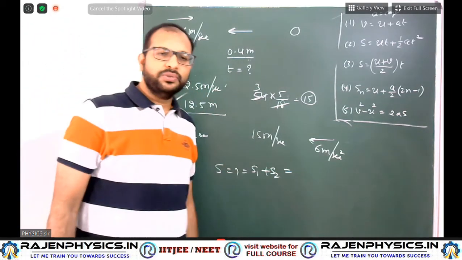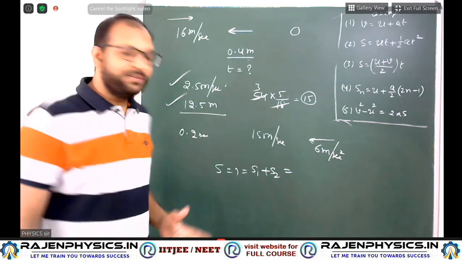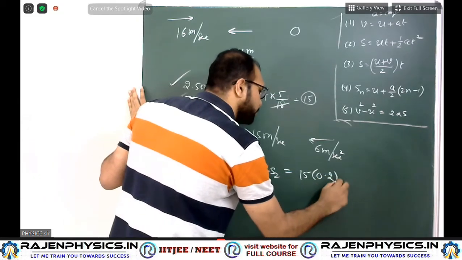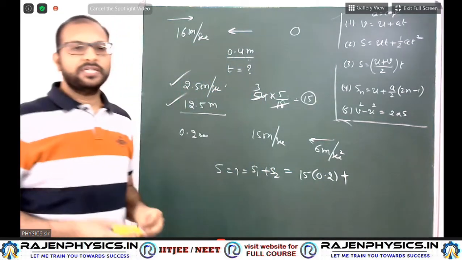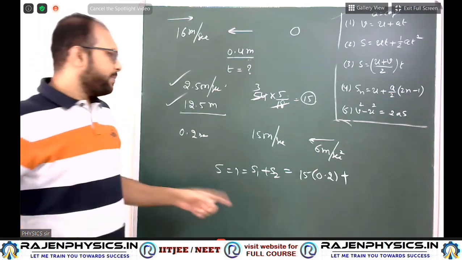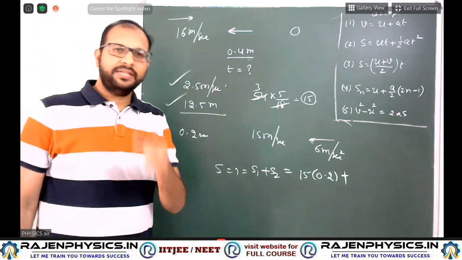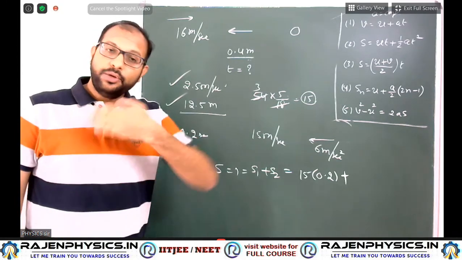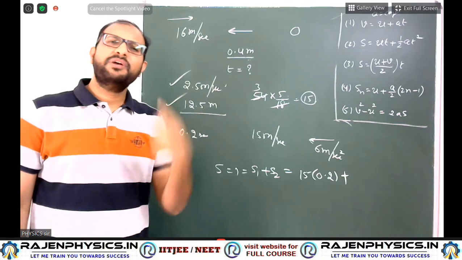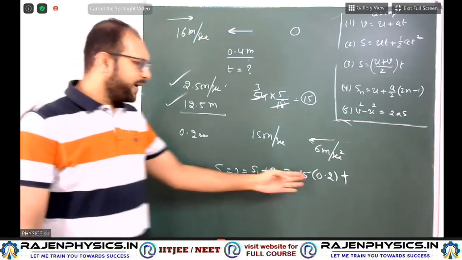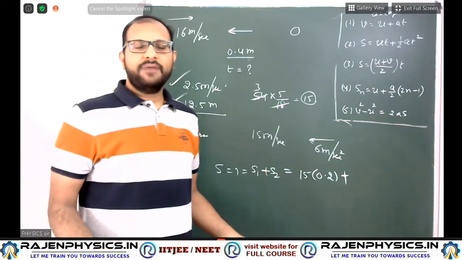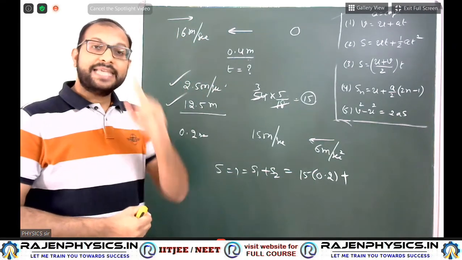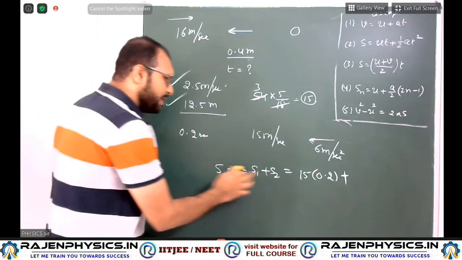S1 is 15 into 0.2, because uniform speed 15, time 0.2, no acceleration. Speed into time is our distance, plus S2, the second part.